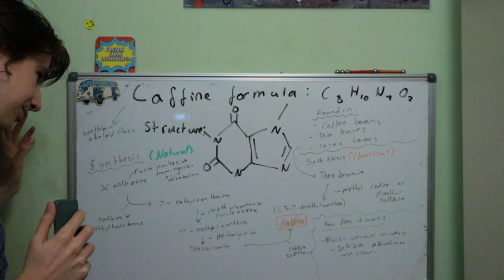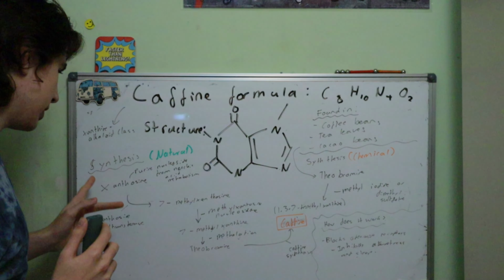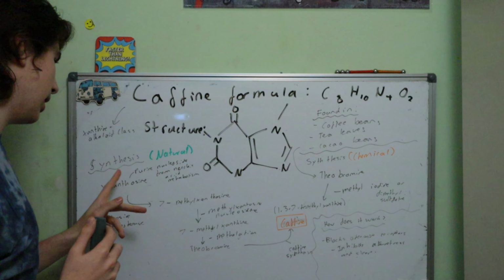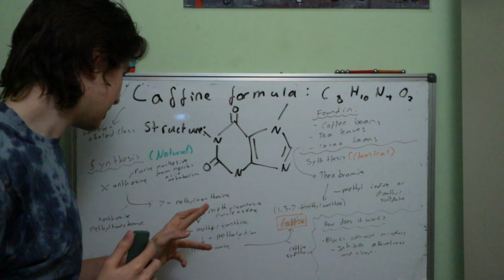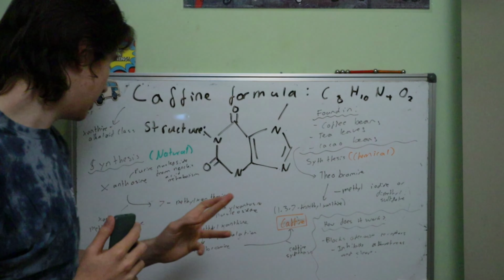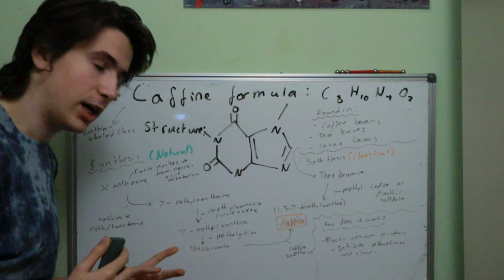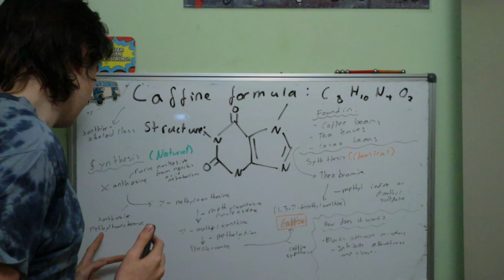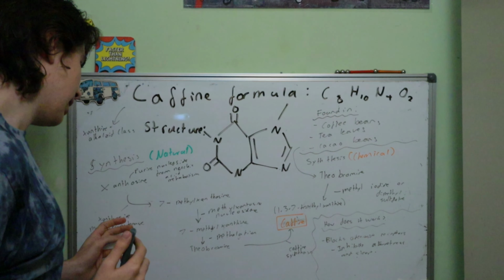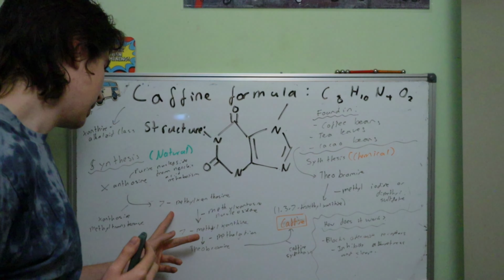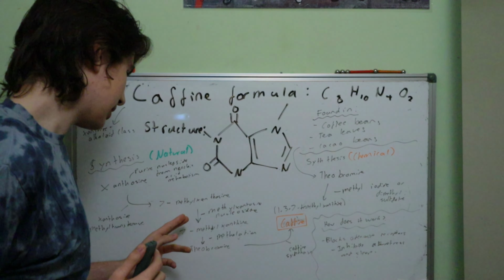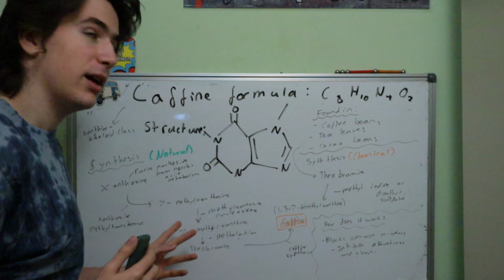So it starts with xanthosine, which is a purine nucleoside from nucleic acid metabolism, and then via the enzyme of xanthine methyltransferase, it's methylated, you'll hear that word quite a lot here, into 7-methylxanthosine. There we go.